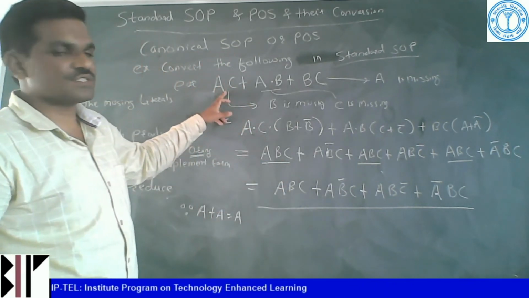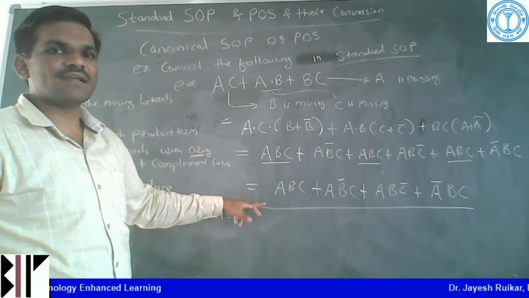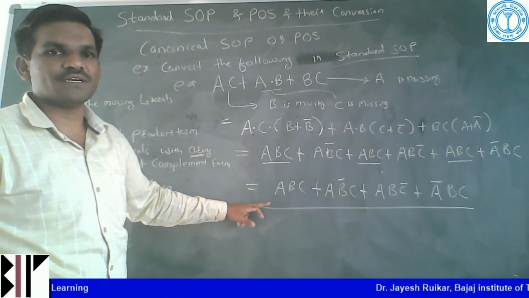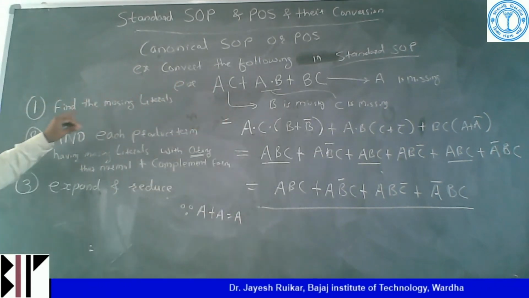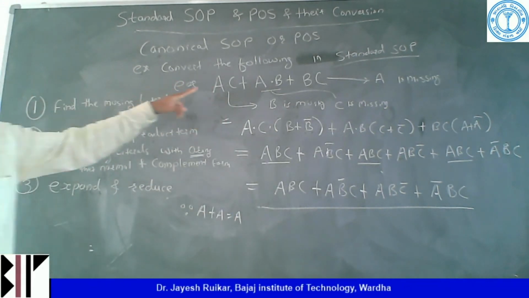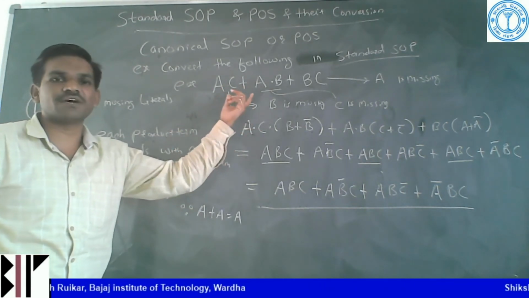The earlier form was not standard, though it was in SOP form, but this is your canonical or standard SOP. You can do many examples like this. What you have to understand is to find the missing literals, the variables which are missing in each term.